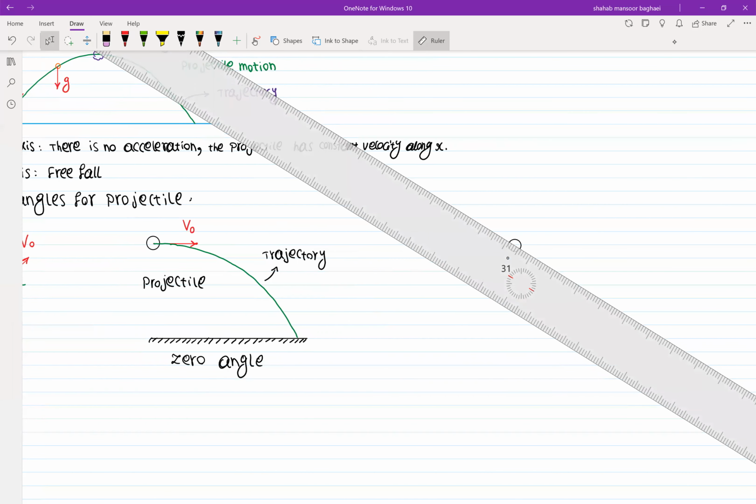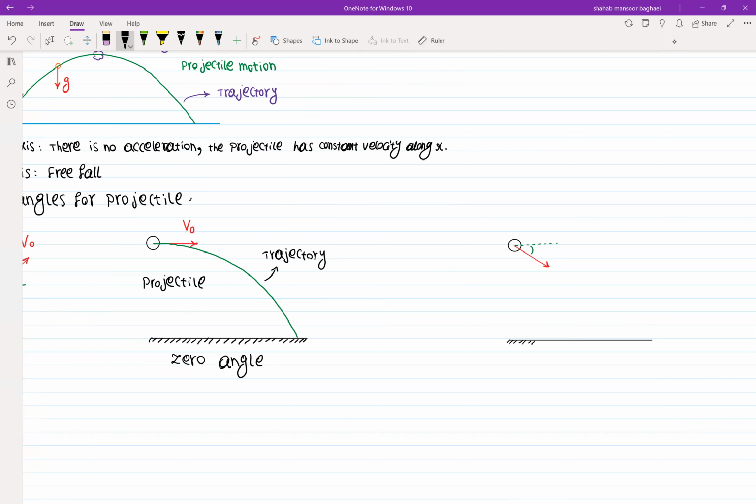Imagine here, if this is the ground at the bottom, this is the trajectory of the projectile. Look at this curve, like this.